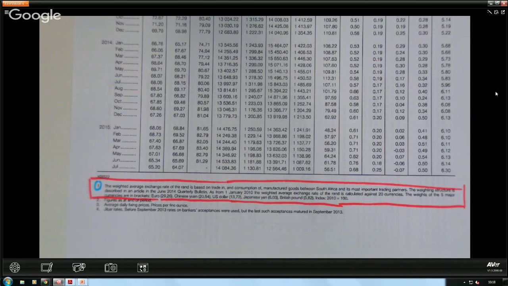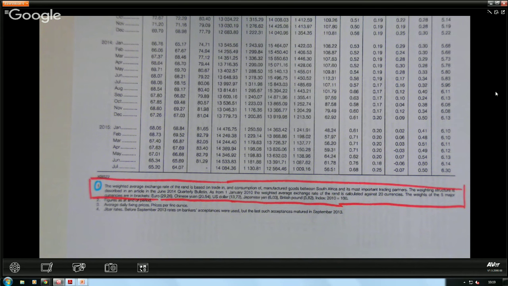That's the 20 most frequently traded-with countries' currencies. And then the rand's bilateral rates for all of those are put into a basket of currencies and weighed according to the trade with those countries. And there you have the percentages.